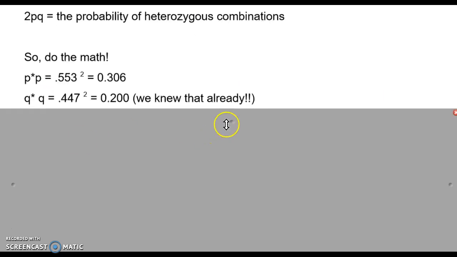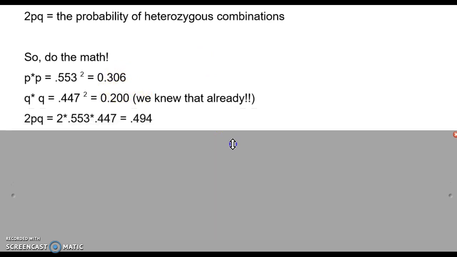And then of course those two have to add up along with the 2PQ, the heterozygous combination, to 1. So 0.306 plus 0.2 plus the 2PQ has to add up to 1, and indeed that happens. If you do 2 times 0.553 times 0.447, you should get 0.494.